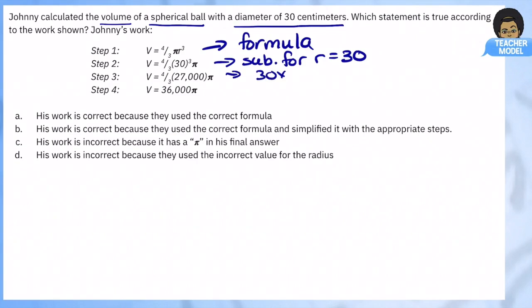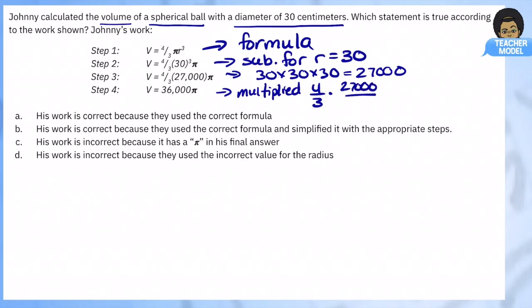He did 30 times 30 times 30, so he worked with his exponent. In his final step, he multiplied 4/3 times 27,000 to get 36,000. Then he left his answer in terms of pi. So that's what he did. We went through the steps and broke down what he did.